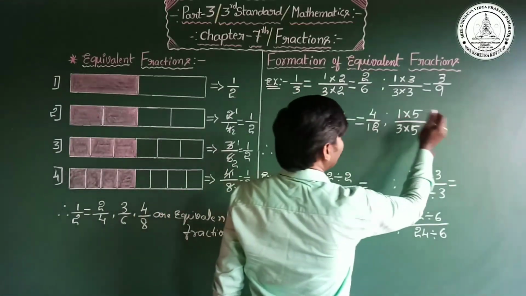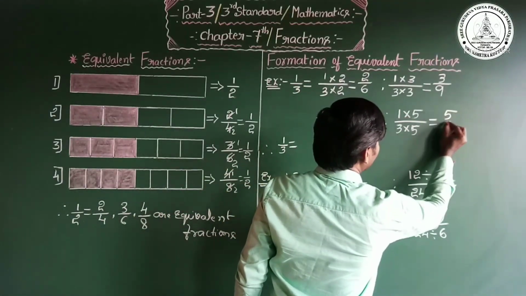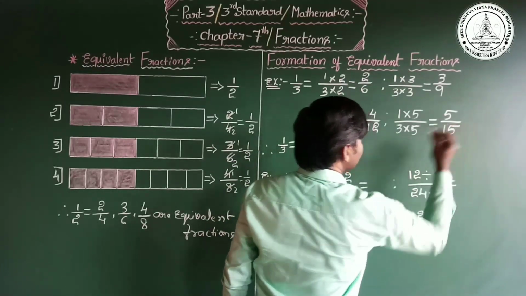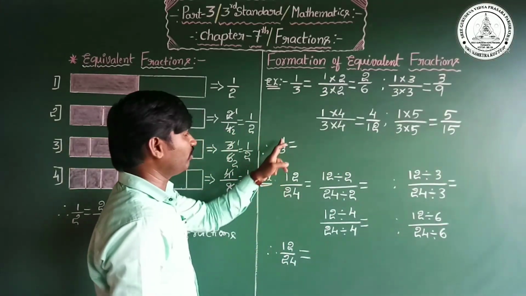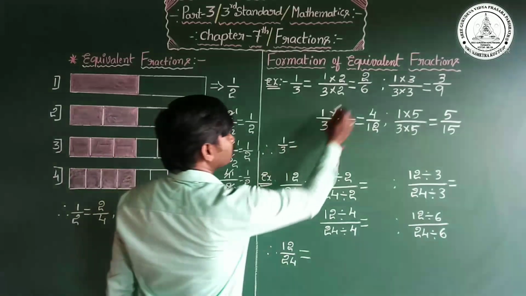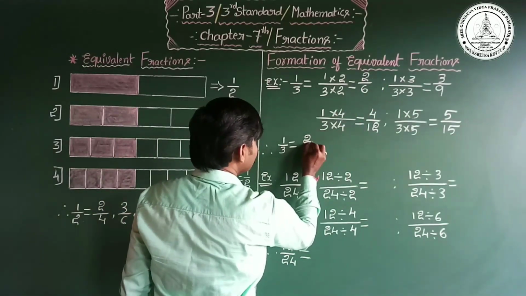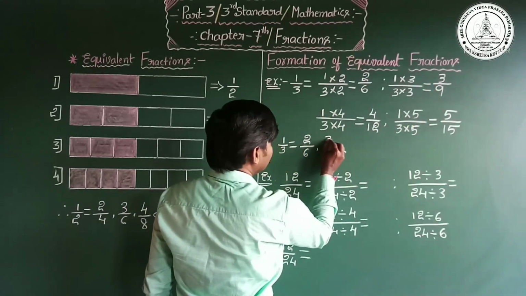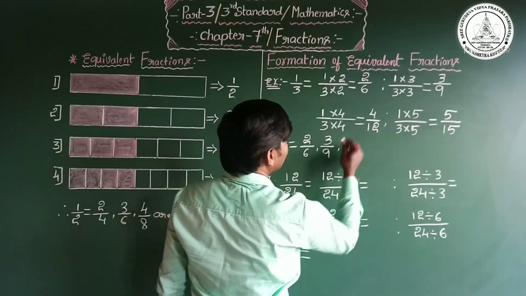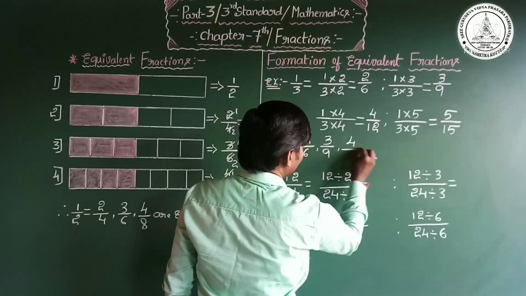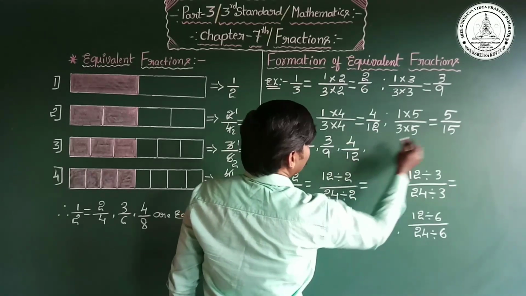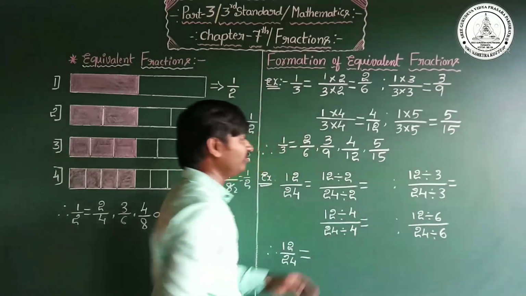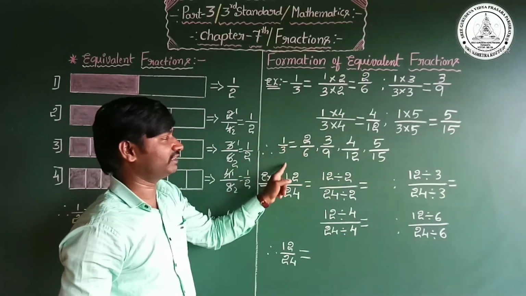The next, 1 into 5 is 5, and 3 fives are 15. Therefore, 1 by 3 is equal to 2 by 6, 3 by 9, 4 by 12, 5 by 15. These are the equivalent fractions of 1 by 3.